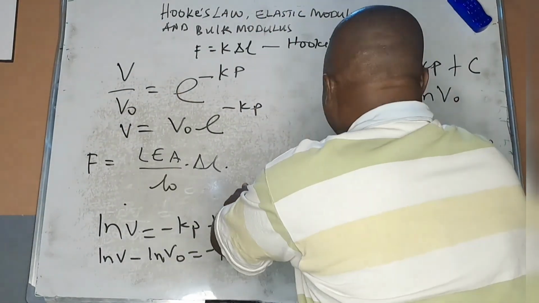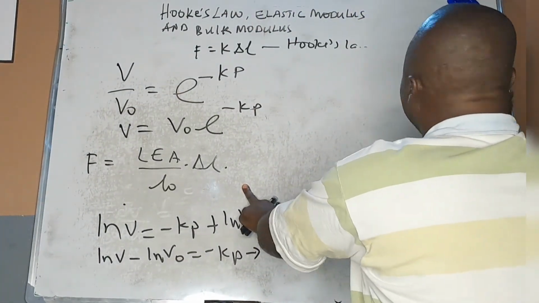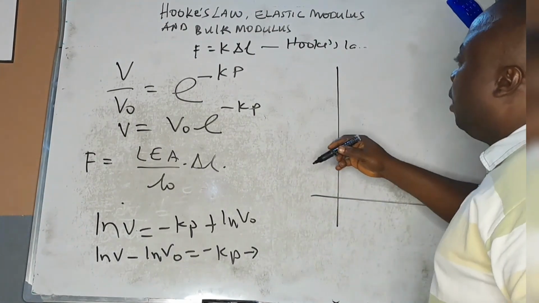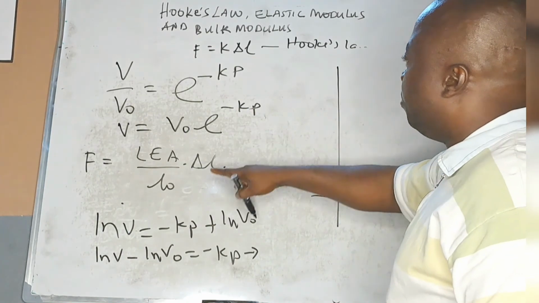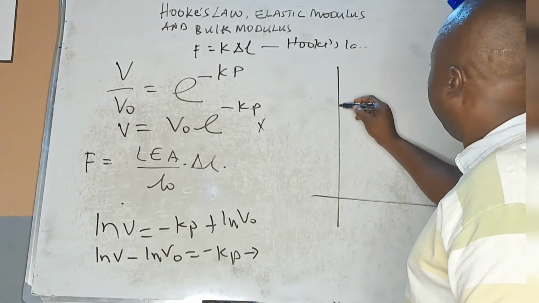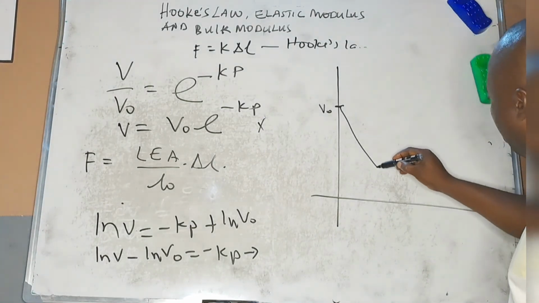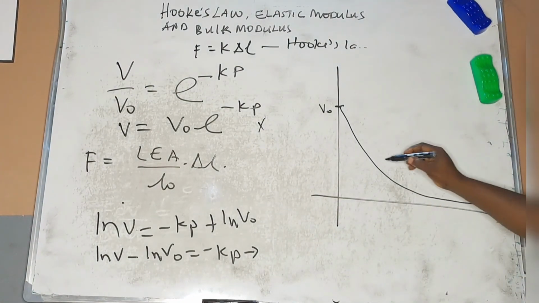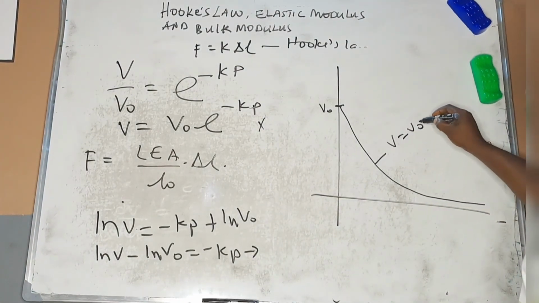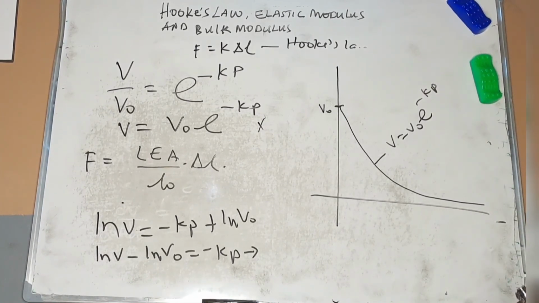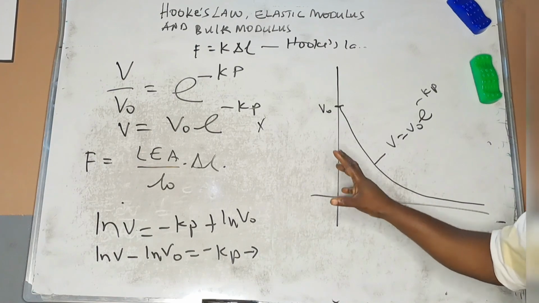If you plot that in a graph, it is a decay. It will give you this, from V0 it decays, but it will never get to 0. So this is V equals V0 e to the minus Kp. So I hope this helps.